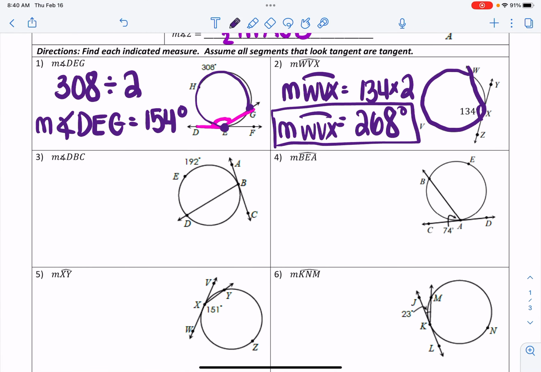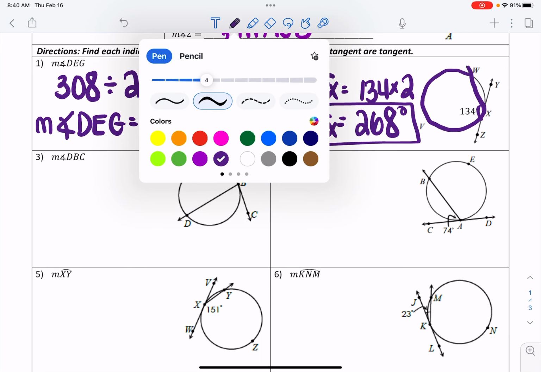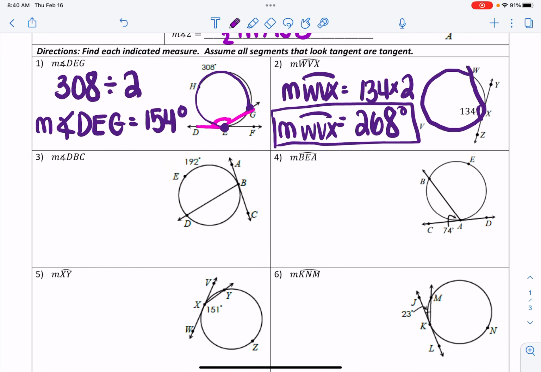Number 3, you want to look at what you're trying to find. You're trying to find the measurement of, I'm sorry, angle DBC, which is this angle here. You do not have the intercepted arc. You need to find that arc. So in other words, if the entire circle is 360 and this is 192, my first step is going to be to do 360 minus 192.